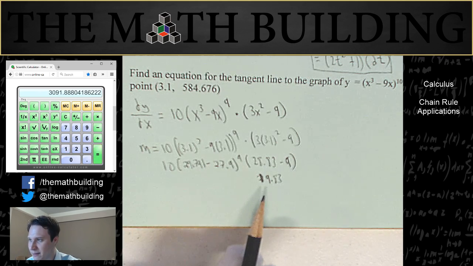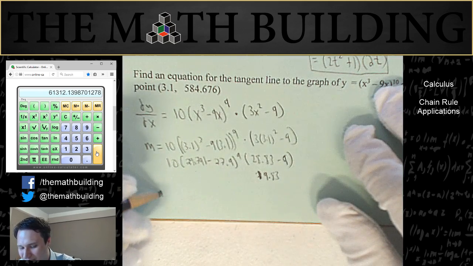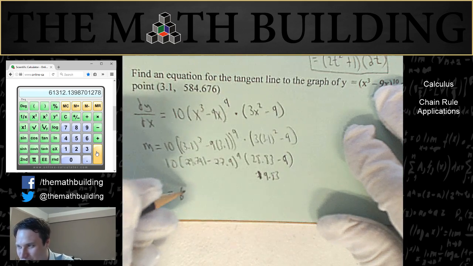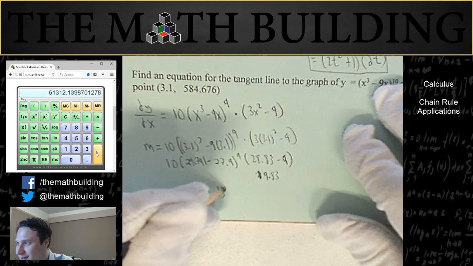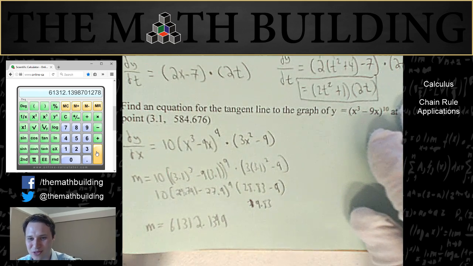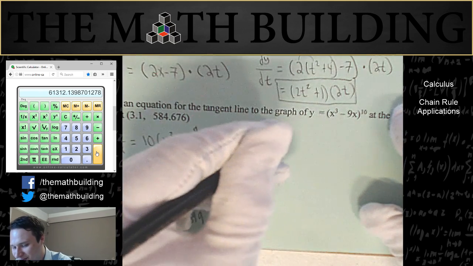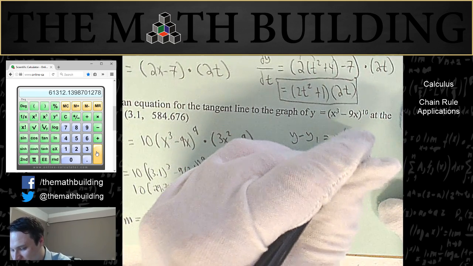And then we're going to multiply that by 19.83. So, wow, the slope right there, and it's just going to get steeper and steeper super fast, is 61312.1399.